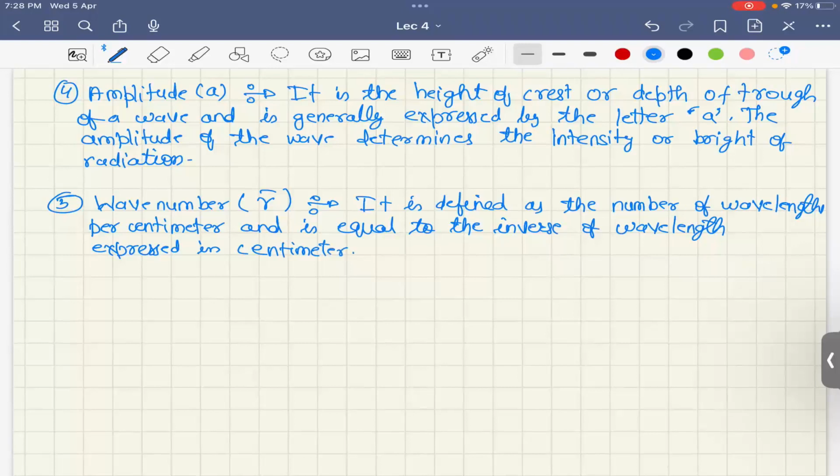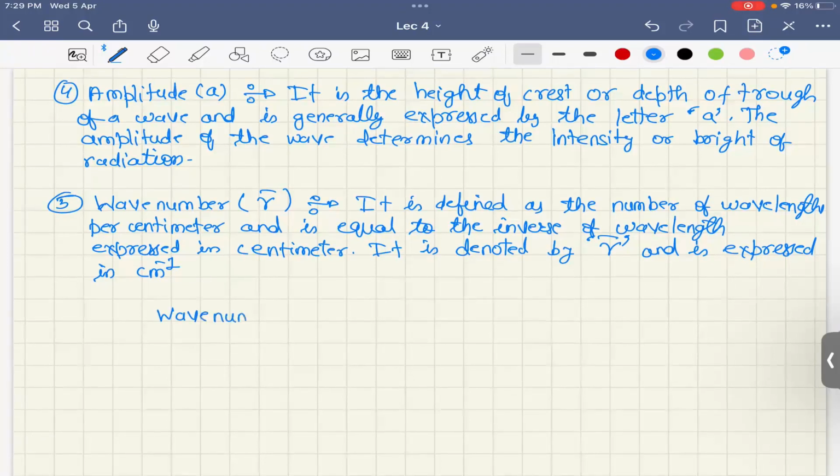It is denoted by nu bar and is expressed in centimeter inverse. It can also be expressed as meter inverse in SI unit. So wave number is nothing but inverse of wavelength, which means nu bar is 1 by lambda.